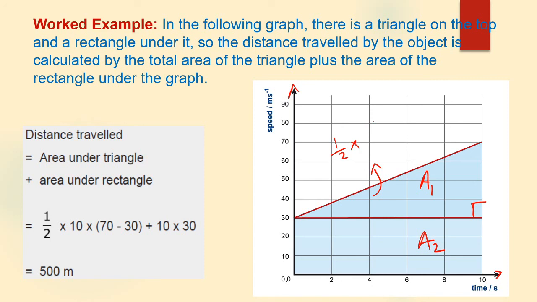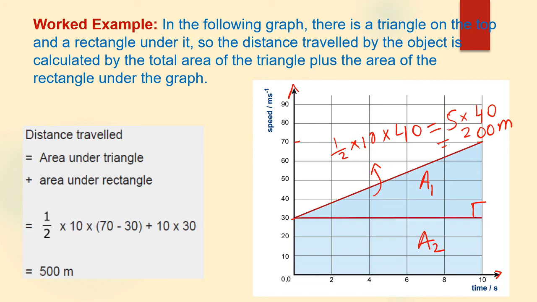Base on the graph is 10, times the height. So that height is 70 minus 30, that's going to be 40. So 10 divided by 2 is 5. 5 times 40, that's going to be 200 meters because it's a distance.